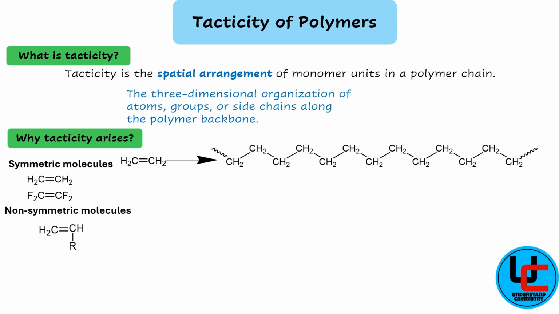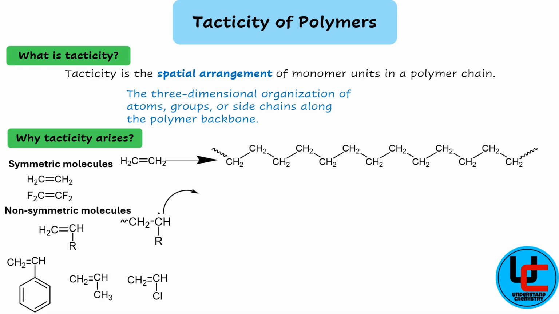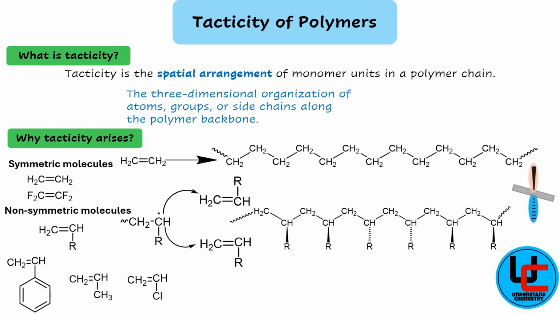Examples of these types of monomers are styrene, propylene, and vinyl chloride. During polymerization of such monomers, there are two possible orientations for any new monomer to covalently attach to the growing polymer chain, as shown here. This means the side group of the monomer can be below or above the plane. This is how tacticity comes in.